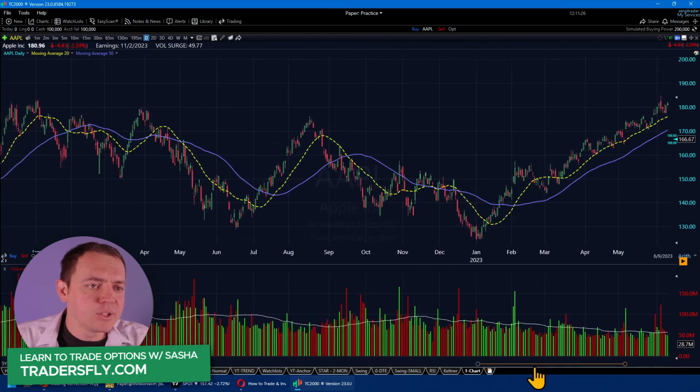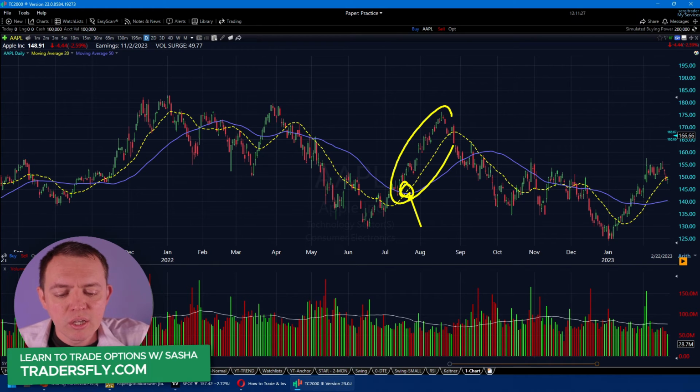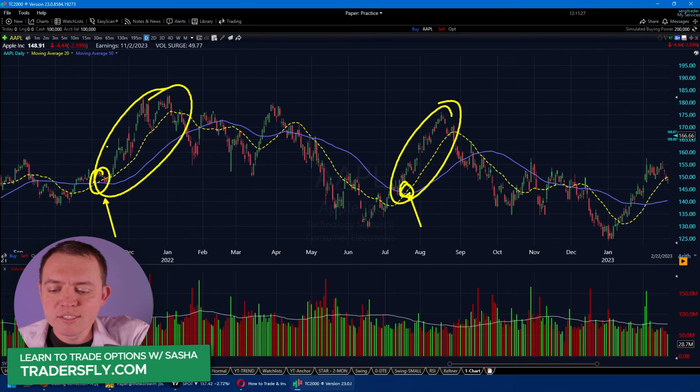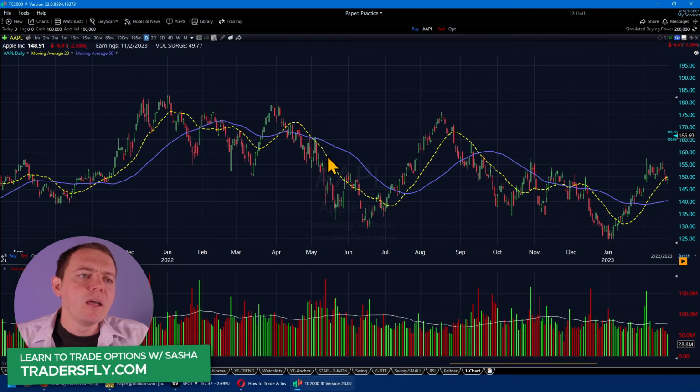So that's one way to use it: as you see these crossing up zones, you've got a bullish movement. Again, we're crossing up here, you've got some bullish movements, but the minute they cross down and the other one's above, you've got some choppiness. So you can use it in that way. All right, so those are a couple of good indicators here.